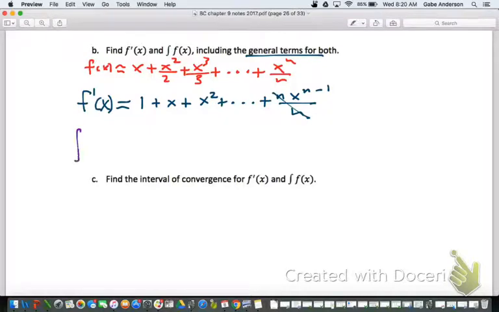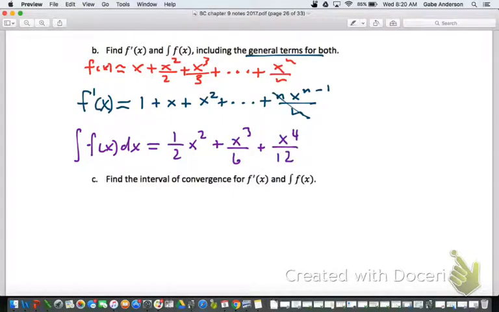So then if we were going to do the antiderivative of f of x, we would get 1/2 x squared plus x cubed over 6 plus x to the 4th over 12 plus ... So once again, we got our 3 terms here. And our nth term, we could try to figure out this pattern.